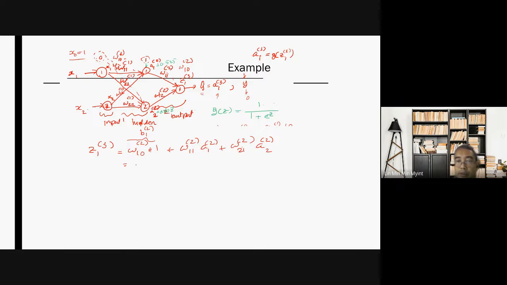So this is minus 0.3 multiplied with 1 plus minus 1.2 multiplied with 0.525 plus 2 1, which is 1.1 multiplied with 0.808.